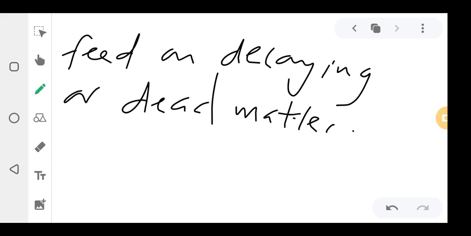So this is the type of nutrition where organisms called saprophytes feed on decaying or dead matter.